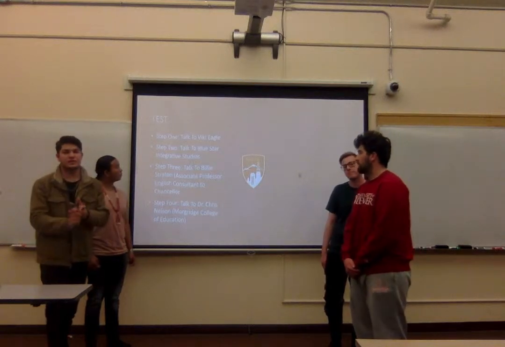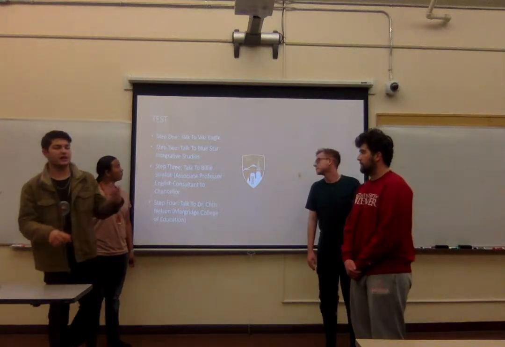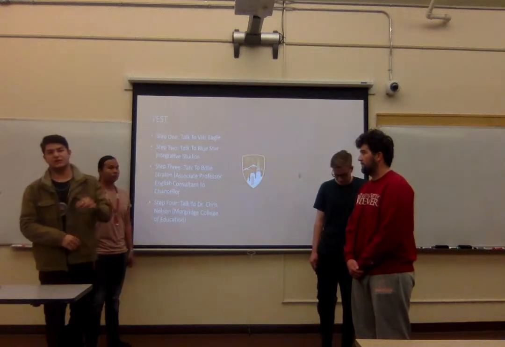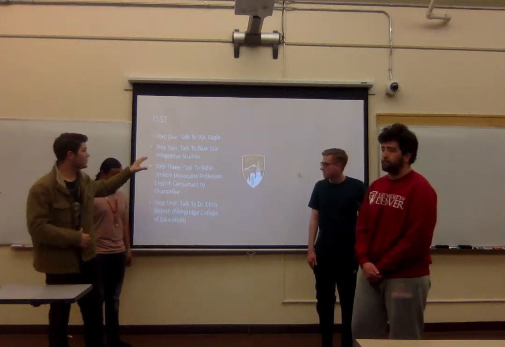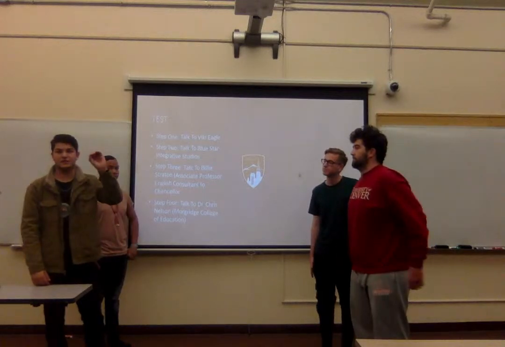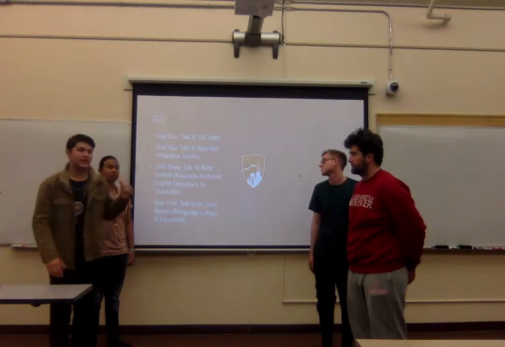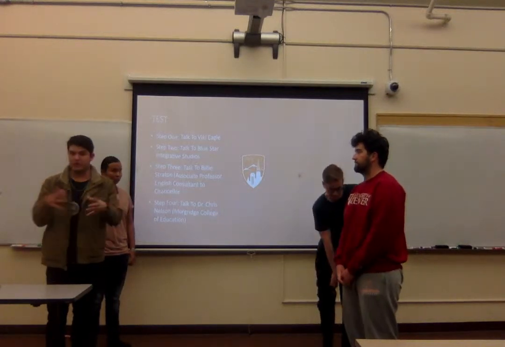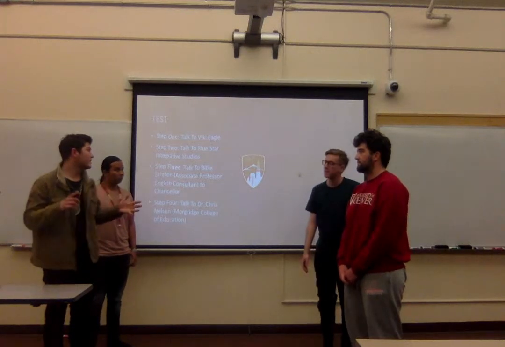The next person that she put us in touch with, and the person we wanted to get in touch with immediately after that conversation, was Blue Star Integrated Studios, an indigenous architecture company that we would want to spearhead what this cultural center would be. We talked to them, and they gave us the early estimates on what the cost would be, depending on the size of the plots of land that we'd be able to provide.